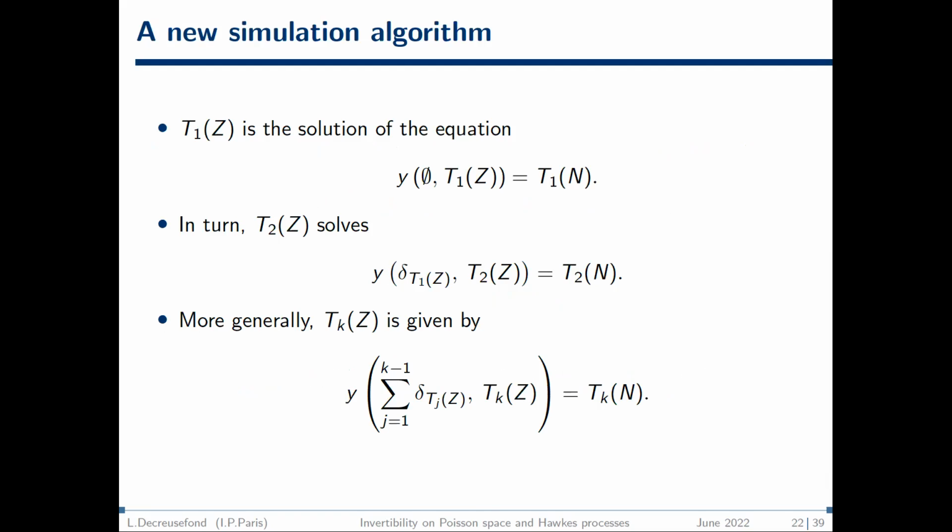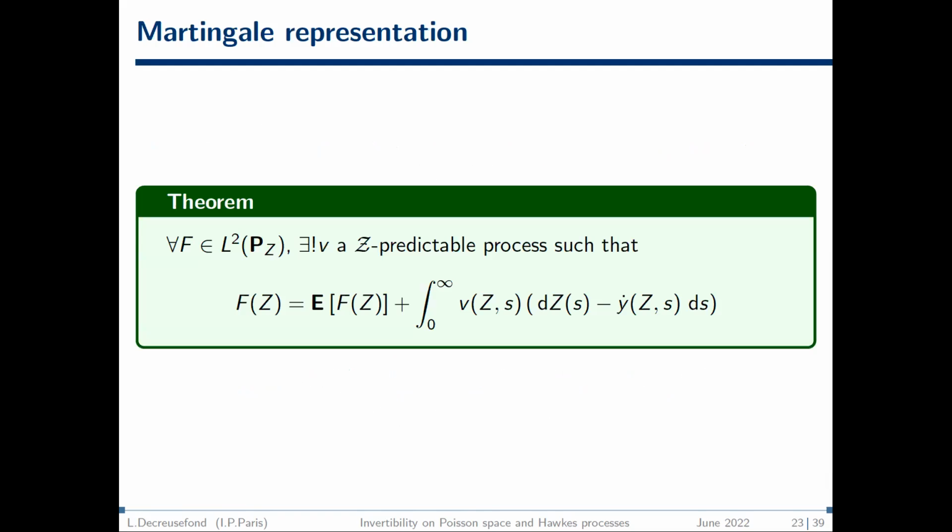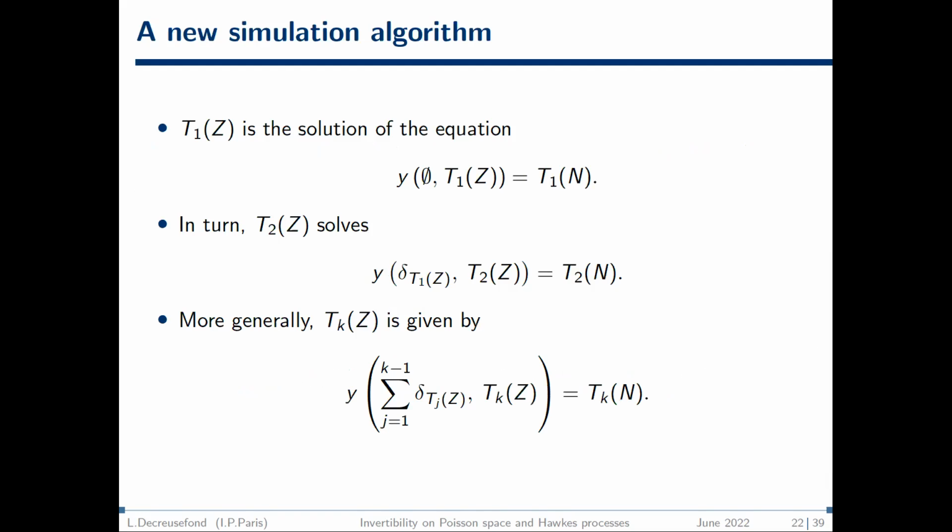You have the y of the empty configuration at time t1 of z must be equal to t1 of n. So you just have to solve numerically the equation y of the empty configuration x is equal to t1 of n. You simulate your Poisson point process. You look at the first time and you solve this equation, and it gives you t1 of z.